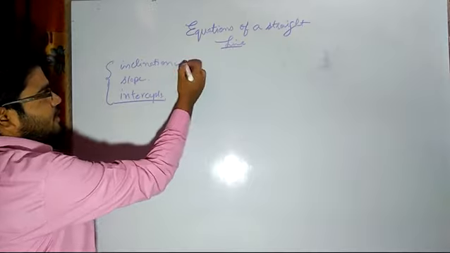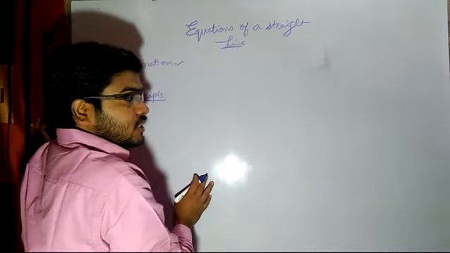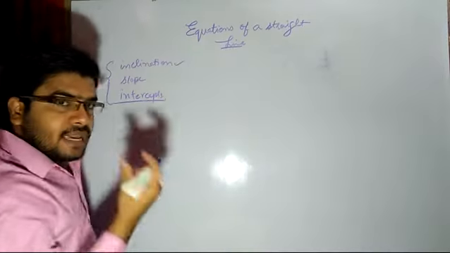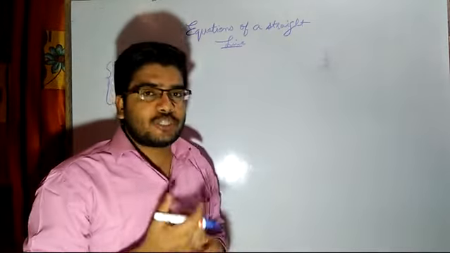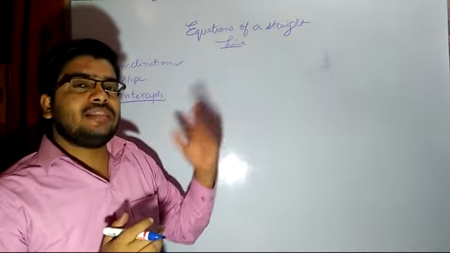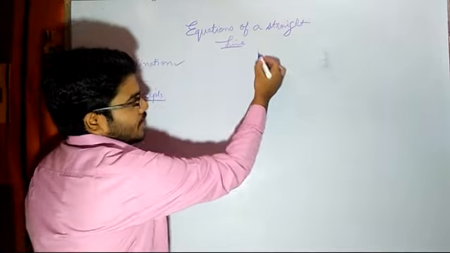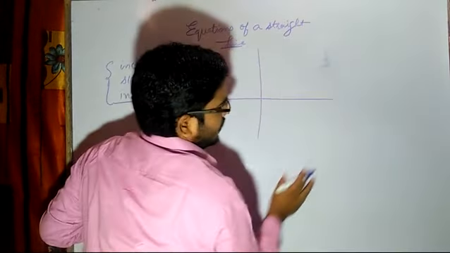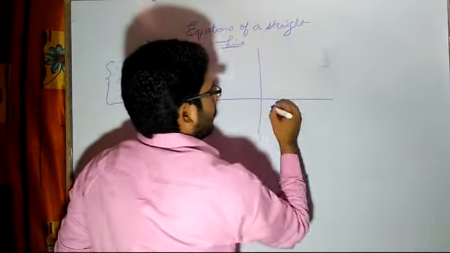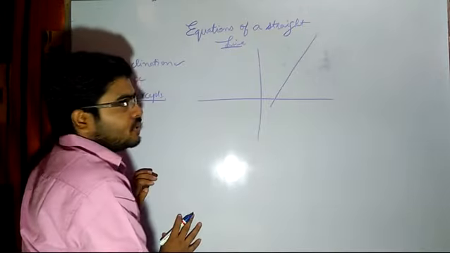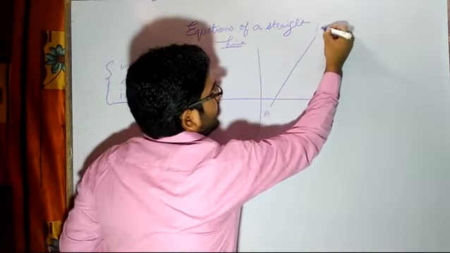Now what is inclination? Inclination means the angle theta between the x-axis and that particular line. Suppose I have in a coordinate system, one line drawn. This is my line AB.